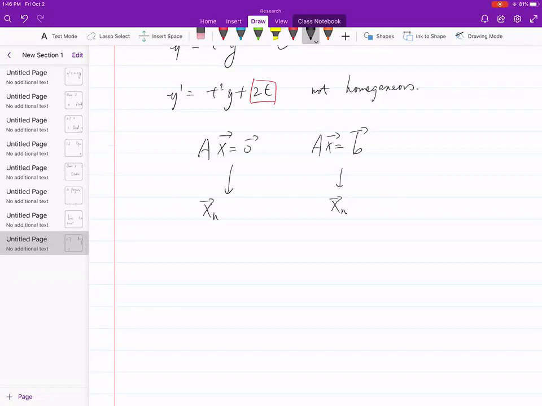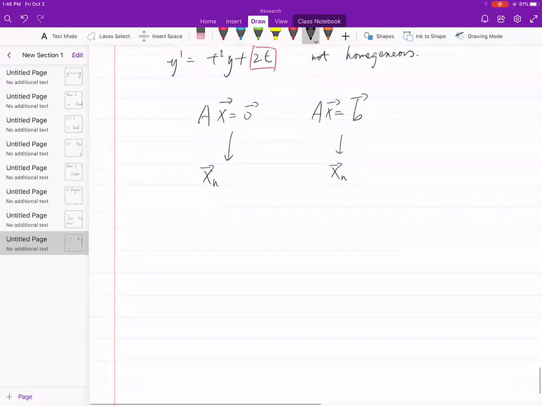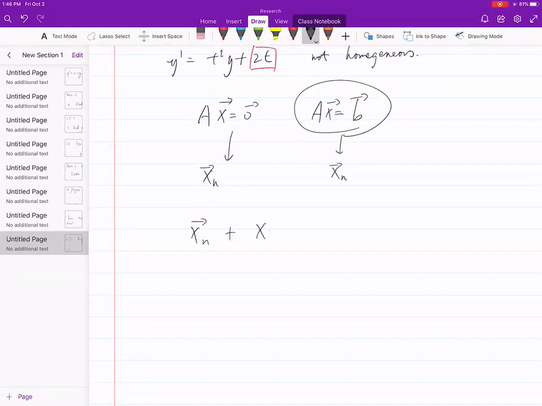Still okay? And then the solution of this one can be written as a special solution xp plus xh. Okay? Make sense so far? Okay, that's what we're trying to do.